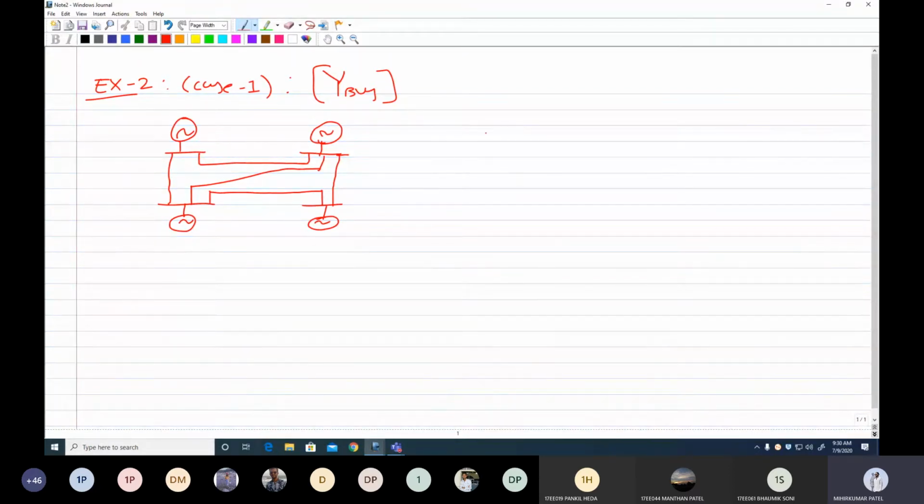The data are given as follows. Just formulate one table: line, resistance in per unit, X in per unit. Lines 1-2, 1-3, 2-3, 2-4 and 3-4.